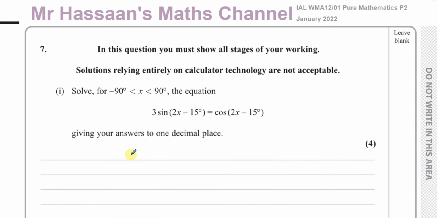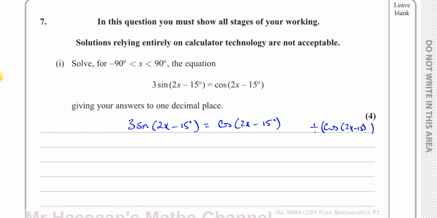our equation is 3 sine of 2x minus 15 degrees equals cosine of 2x minus 15 degrees. If I divide both sides by cosine of 2x minus 15 degrees, divide both sides by the cosine of this angle, then what we'll end up with is as follows.